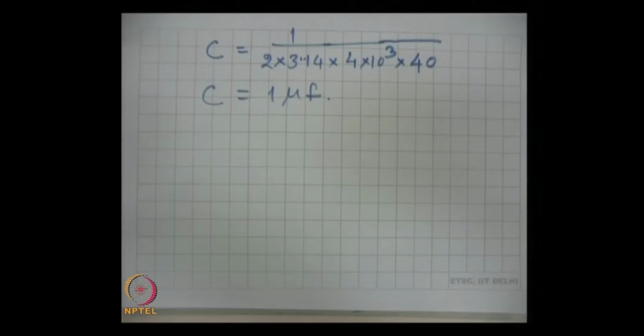Now, this was the general discussion applicable to any kind of circuit, any kind of amplifier, whether it is CB, CE or CC. Now, as I said, the common emitter amplifier is most widely used.